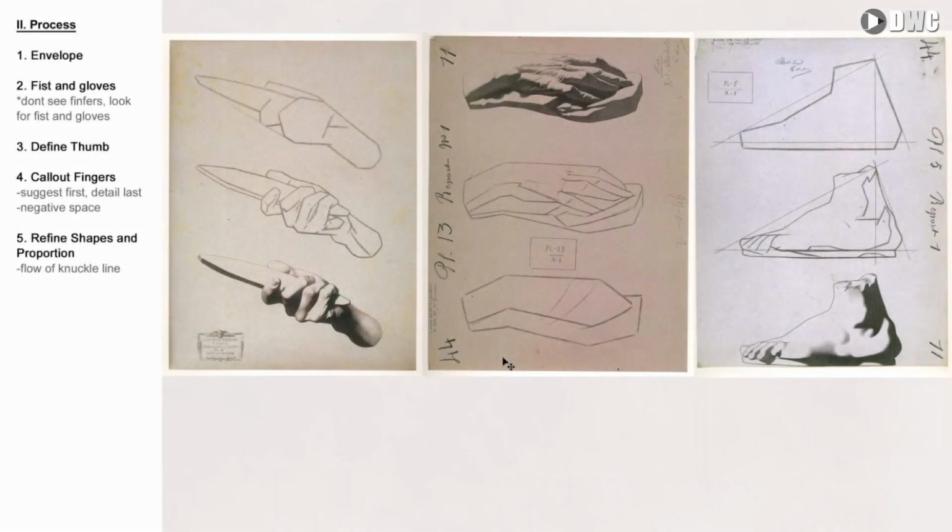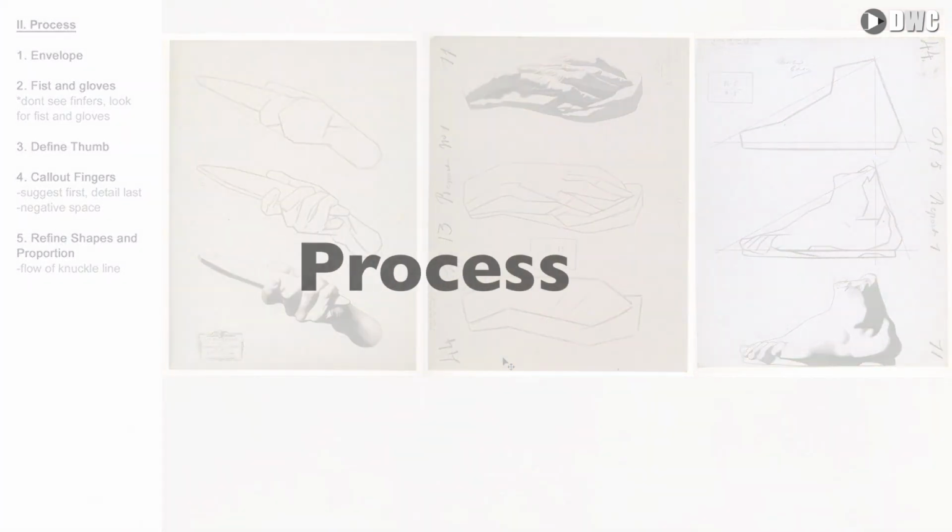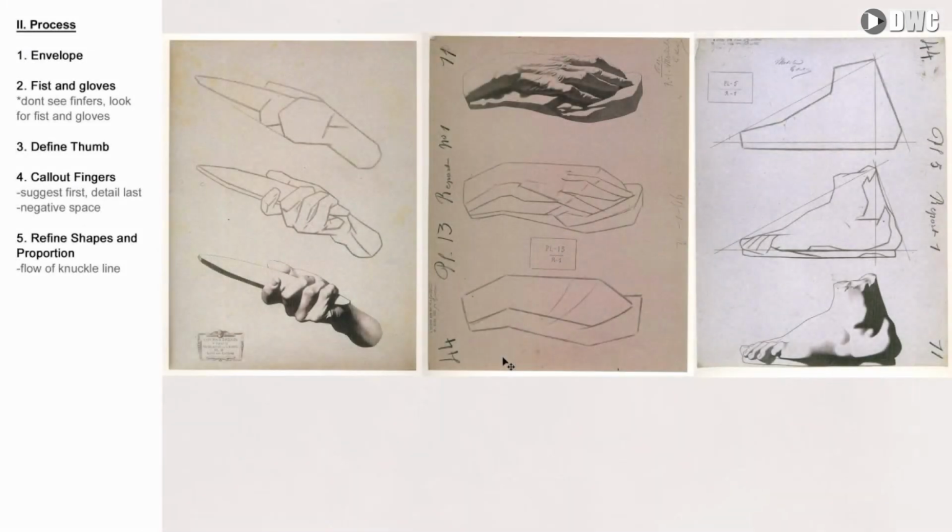Okay, let's quickly go over the process. I have a very simplified 5-step process that I use to begin a drawing of a hand or begin a complex drawing of a hand. Step one, and they're not in any particular order, except probably step one, that's the most important, which is, again, the envelope, the outer boundary, the contour. Contour is king.